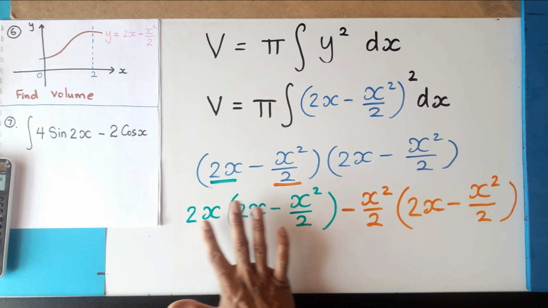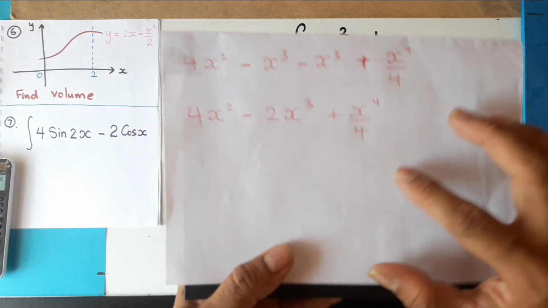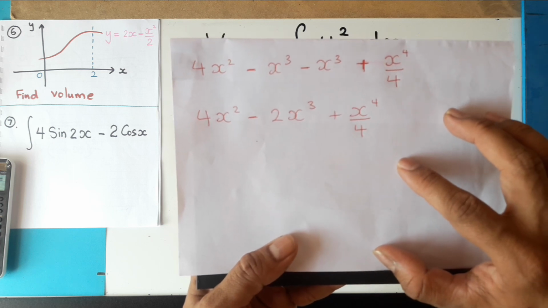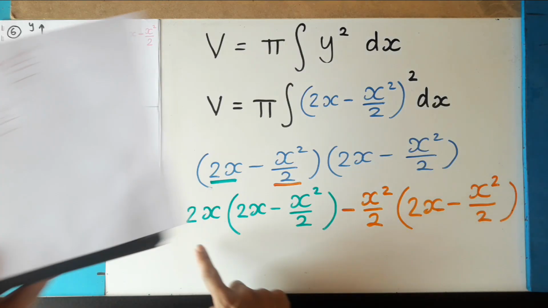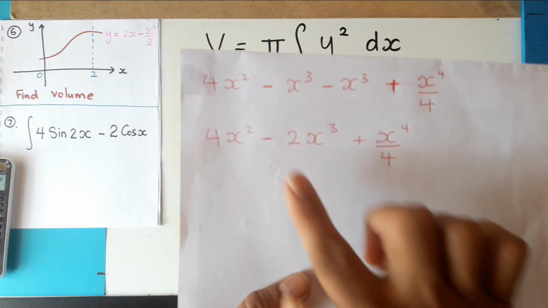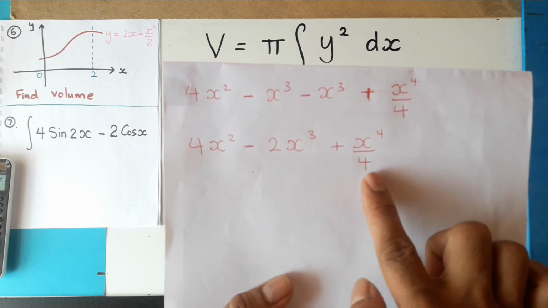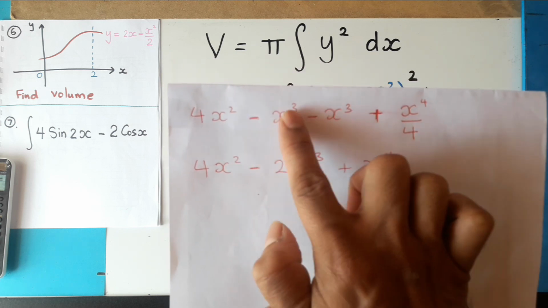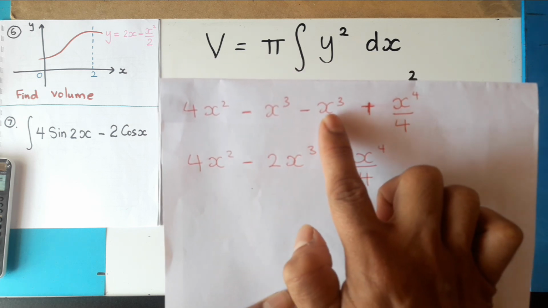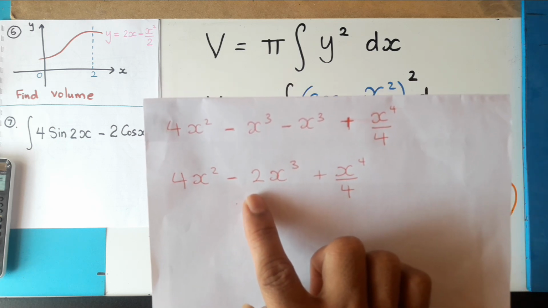Now you have to take your time and multiply this out, but I went ahead over here. Ready? Hope you can see. When you expand this bracket and this bracket, the green and the orange, you are going to get the top row here. This can be further simplified to this, because minus x cubed minus another x cubed is minus 2x cubed, right?